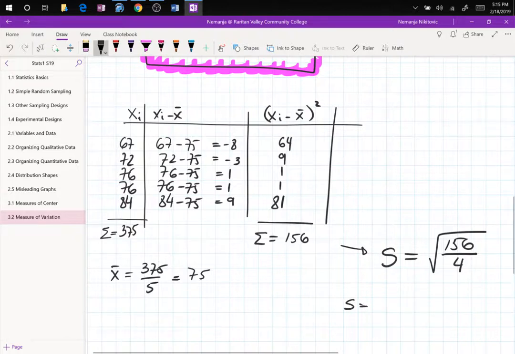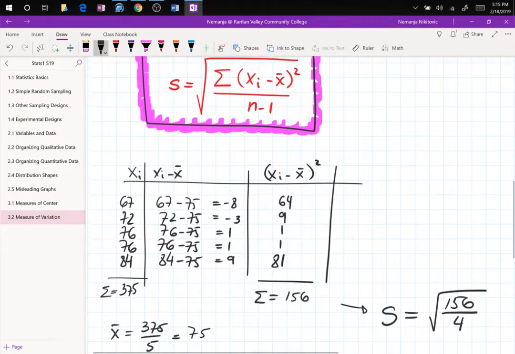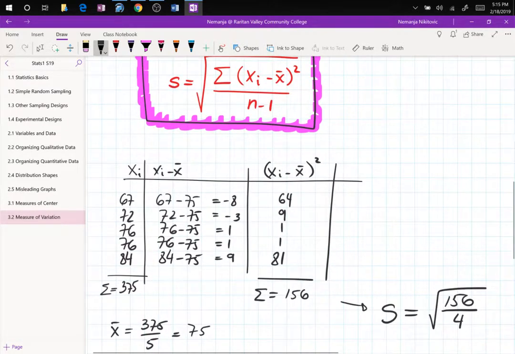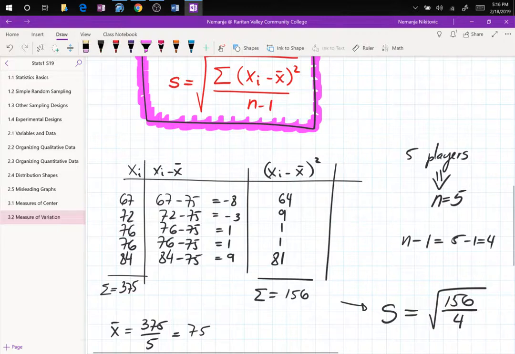And now all we need to do is to compute this. The denominator is n minus 1. We have 5 basketball players, so n is equal to 5, right? So 5 players means n is equal to 5. The formula says n minus 1. N minus 1 is 5 minus 1, which is 4, and that goes in the formula.